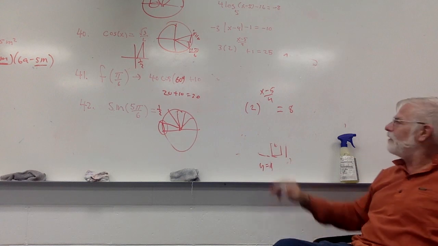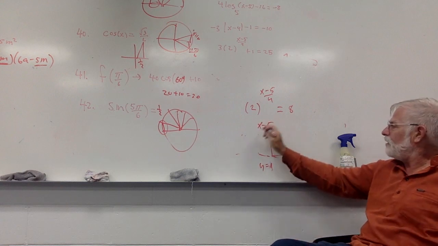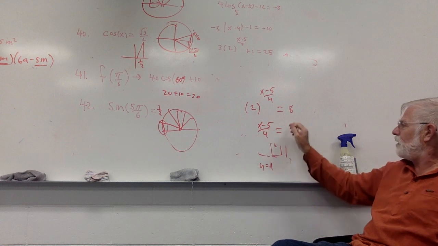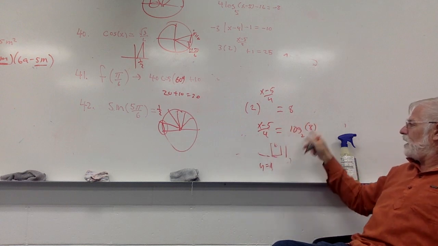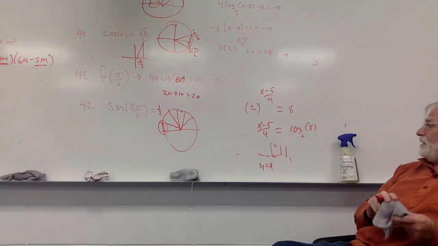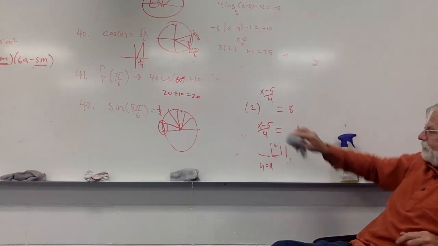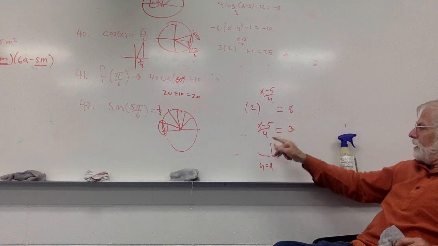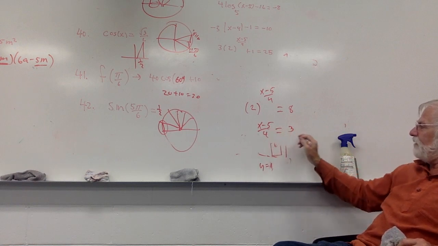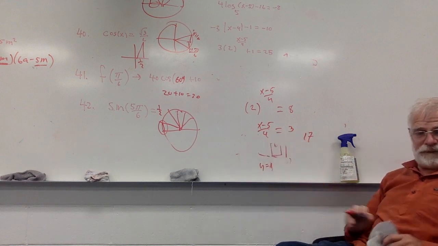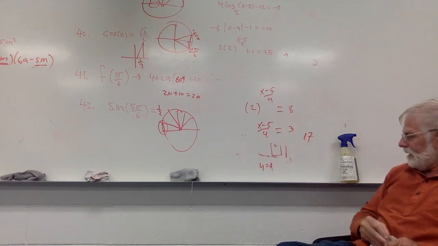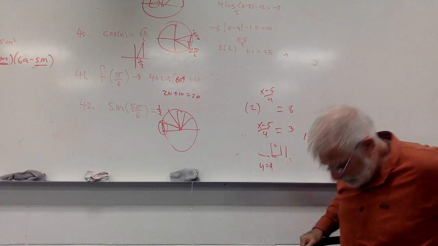Log base 2 of. We're trying to find the value of an exponent here. Logarithms are exponents. What's the exponent you put on top of a 2 to get an 8? I think it's a 3. 3 times 4, 12 plus 5, 17. Remember we were at 9 and we said it's to the right? 17.